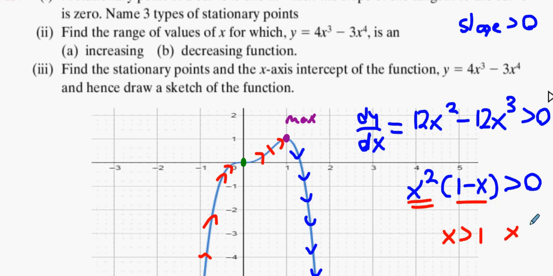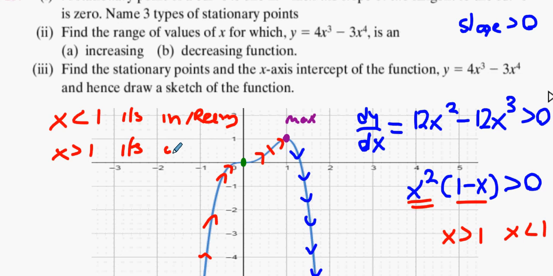If x is smaller than 1, overall it's positive. And that's what the graph tells us, isn't it? So anything smaller than 1, it's increasing. And anything bigger than 1, it's decreasing. Awesome.